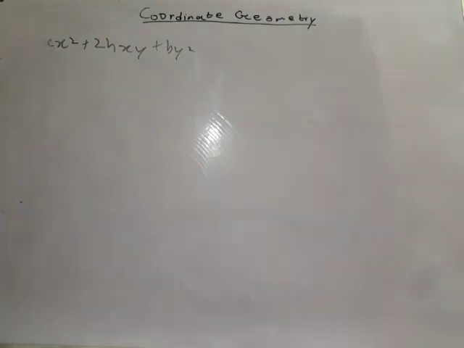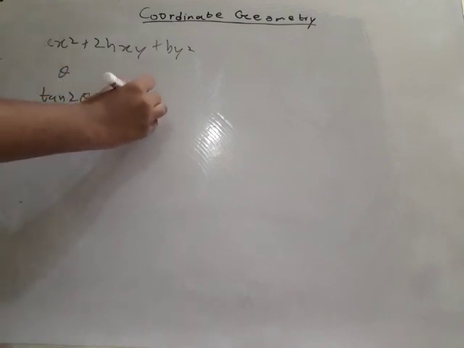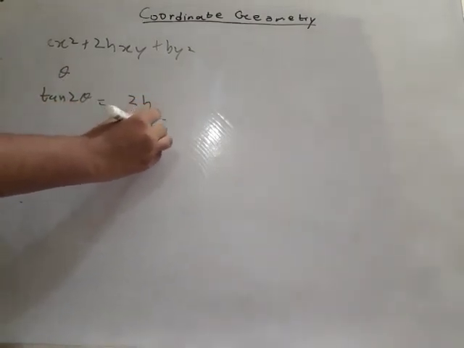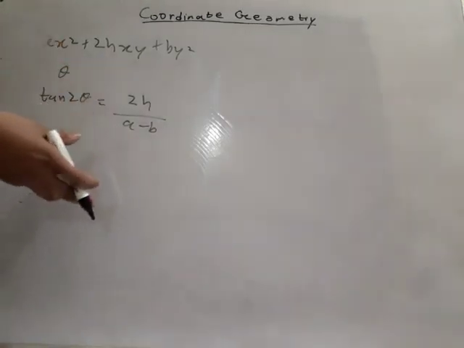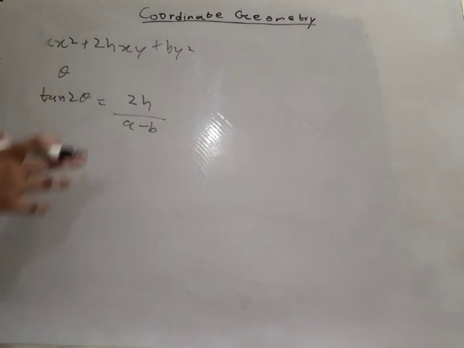We will rotate the axis by an angle theta, which will be given by tan 2 theta equal to 2h by a minus b.